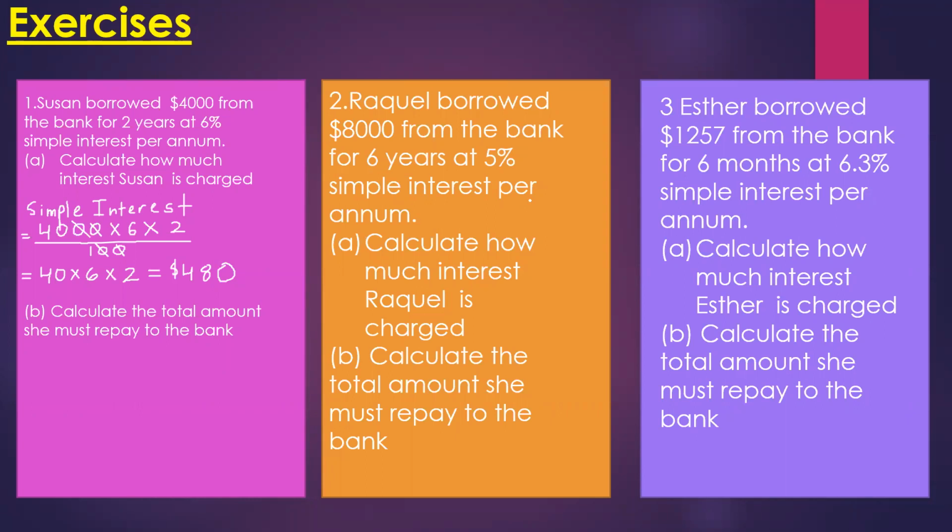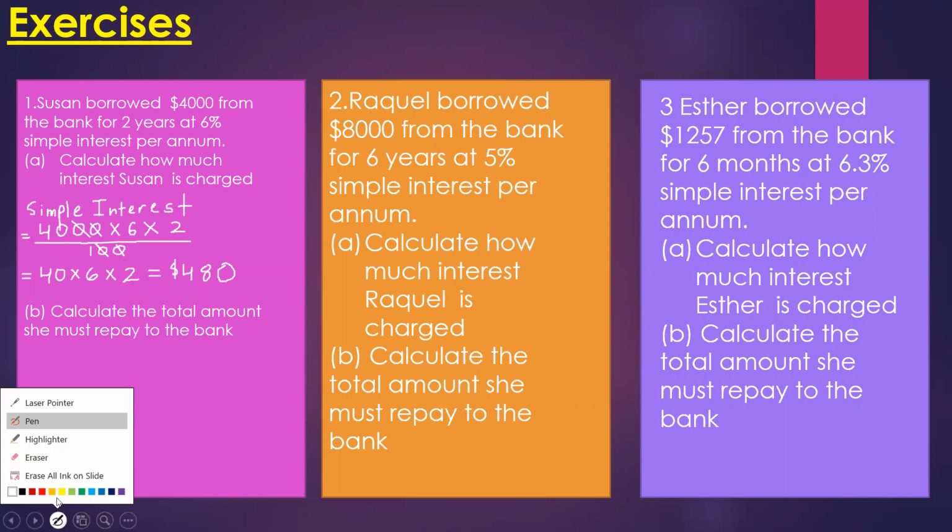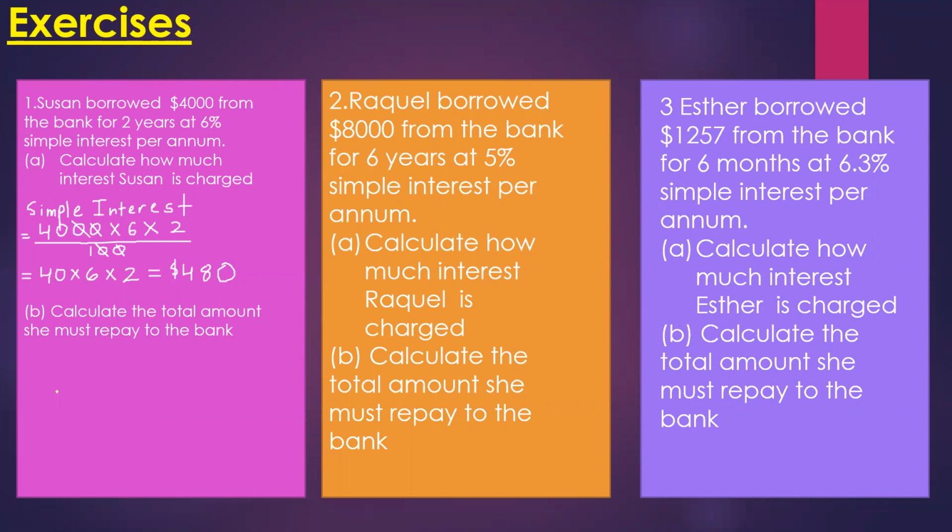Now, Aaron, I want you to help me with B. What's the total amount that he's going to repay to the bank? You would have to add 480 plus 4,000, which would give you 4,480. Very good.